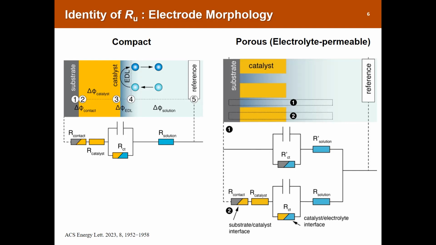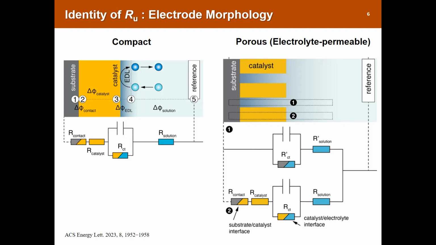For both it is ambiguous, I don't get what you mean. Well, the compact one always includes all the series resistances, and the first one only includes solution resistance.